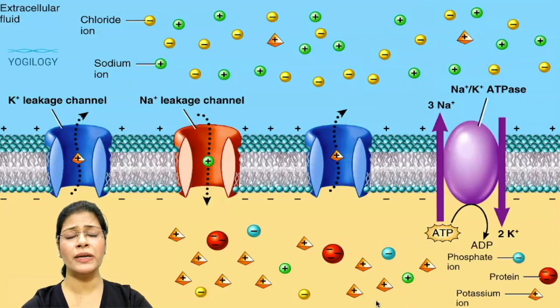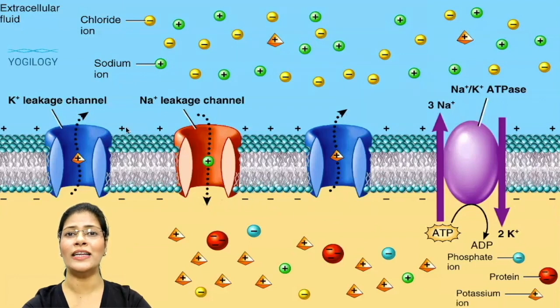The plasma membrane typically has more potassium ion leak channels than sodium ion leak channels. The number of potassium ions that diffuse out of the cell into the extracellular fluid is greater than the number of sodium ions that diffuse down their concentration gradient from the extracellular fluid into the cell. As more and more potassium ions exit, the inside of the membrane becomes increasingly negative and the outside of the membrane becomes increasingly positive.